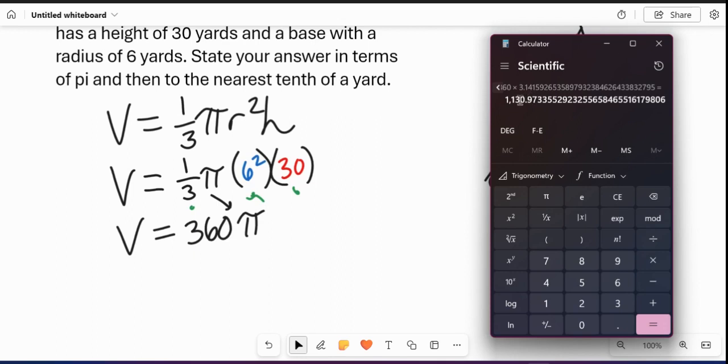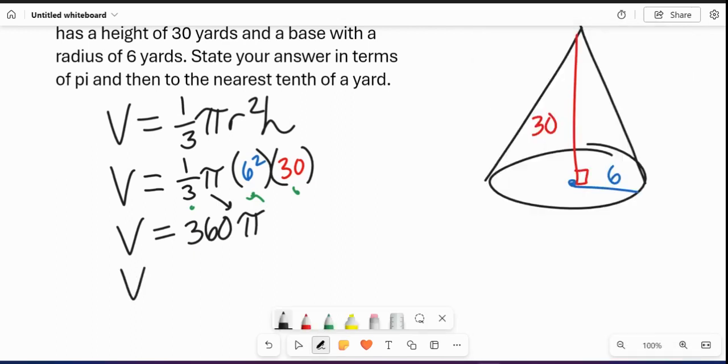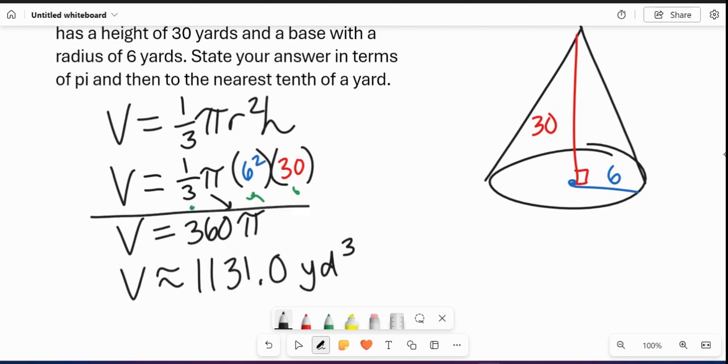So it's 1131.0 yards cubed. Again, you don't have to really type in the yards cubed into your answer. What's more important is that you're using the approximate symbol because it's not exact, and that you also have the answer in terms of pi.